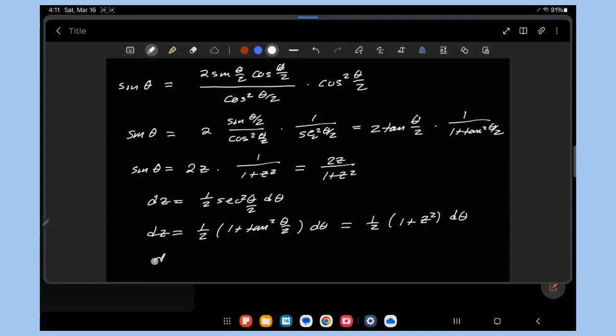And so we can solve this for d theta, and we get that it's 2 divided by 1 plus z squared dz.